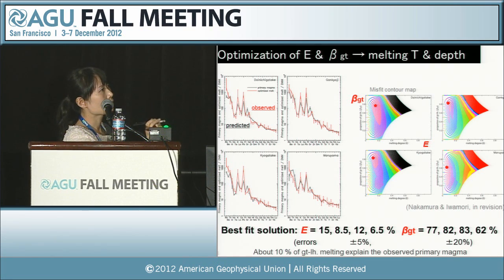The right figure shows a misfit contour map for each volcano, and the solution is constrained fairly well. As a result, the best-fit solution is below for volcanoes like this. On average, about 10% of garnet lherzolite melting explains the observed primary magma.